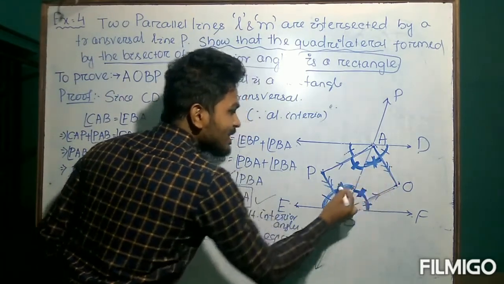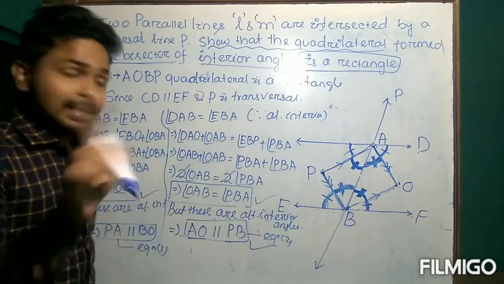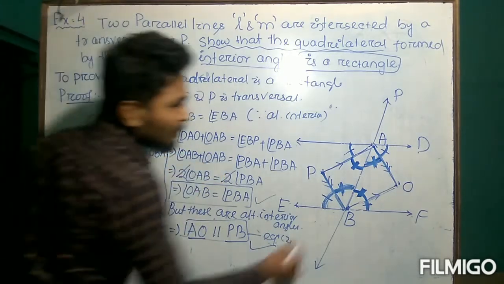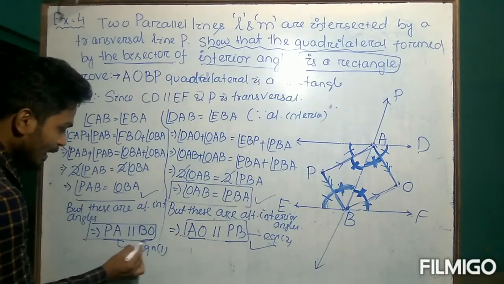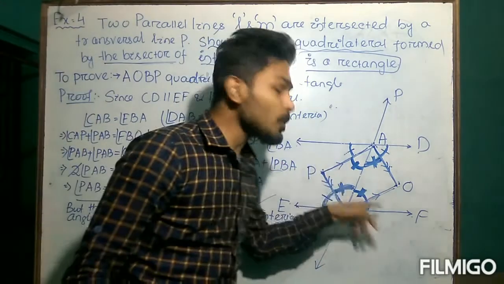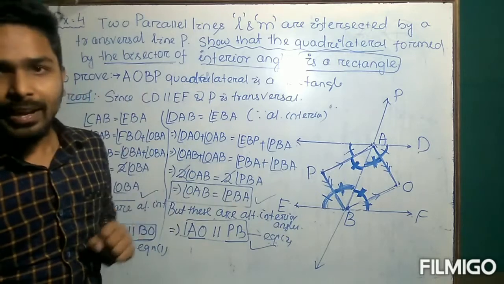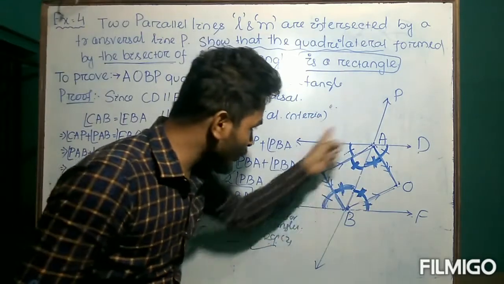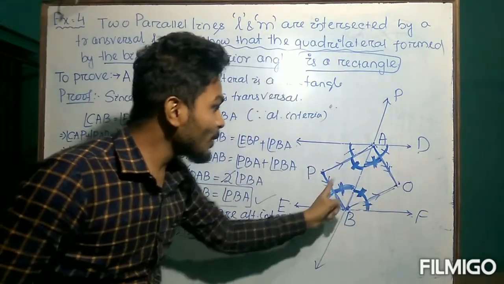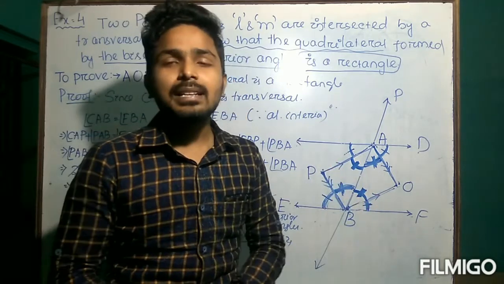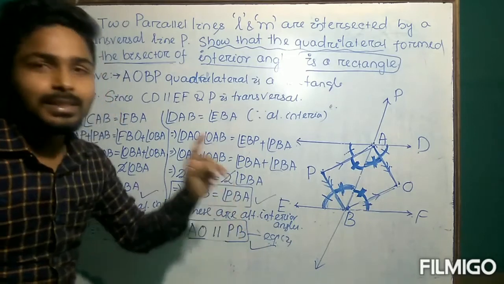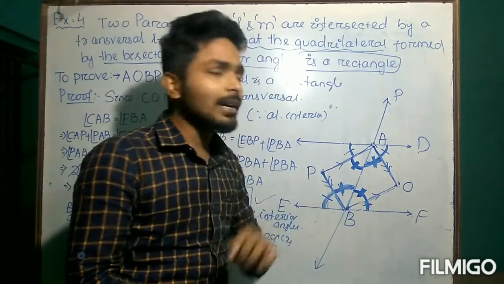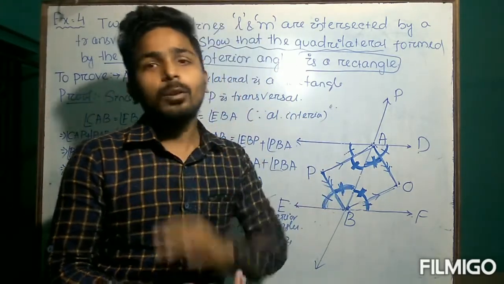These are two opposite sides and they are also parallel. Similarly, from equation 1 we have proved AP is parallel to OB. These two are also an opposite pair of lines. So for this quadrilateral, the pairs of opposite sides are parallel. This parallel to this and this parallel to this. It means this quadrilateral is nothing but a parallelogram.